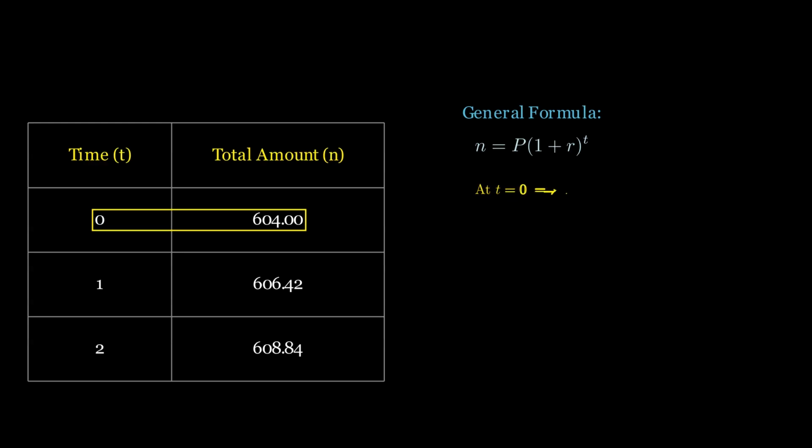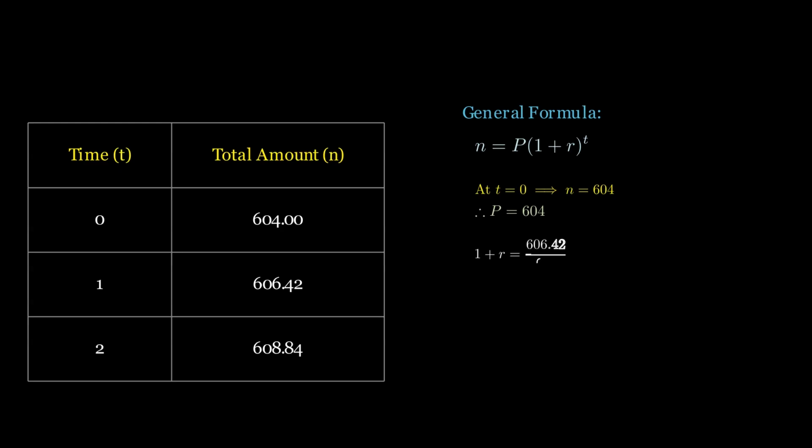Let's look at the first row of our table, where time t equals 0. The total amount N is exactly $604. This directly tells us that our initial amount P is equal to 604. Next, we need to find our growth factor, 1 plus r. By observing the transition from year 0 to year 1, we can divide the amount in year 1, 606.42, by our initial 604.